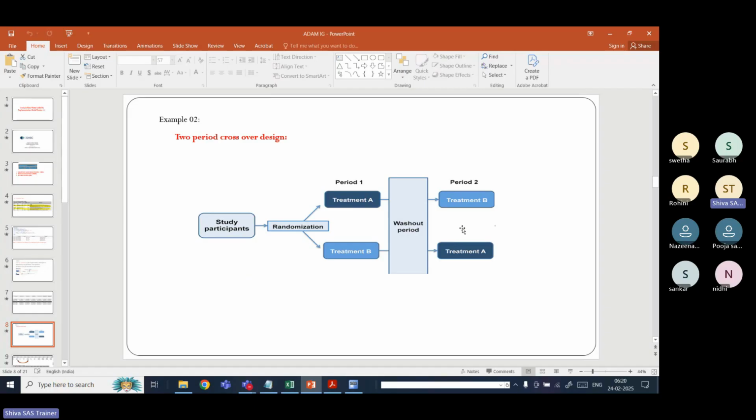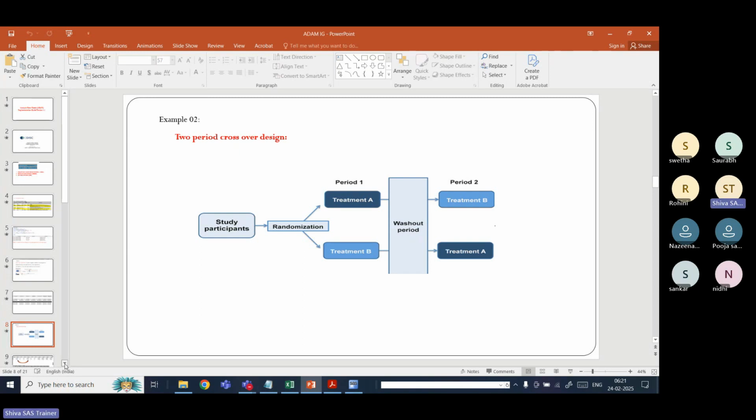Two periods: in one period the subject is taking drug A, next period the subject is going to take drug B. Same subject. Okay. And if the subject takes drug B first, some days later he is going to take drug A. So here a subject is exposed to multiple drugs, so within the subject itself we can cross compare treatment A versus treatment B results in the same subject.